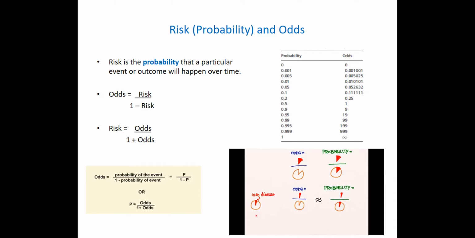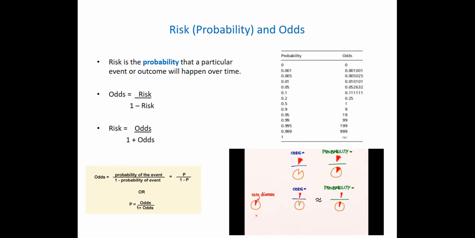The one that has a slightly larger gap, they know this one is more likely to win. They don't use risk because risk will not allow them to differentiate the gap between them. But the odds will allow them, because the odds is from 0 to infinity.